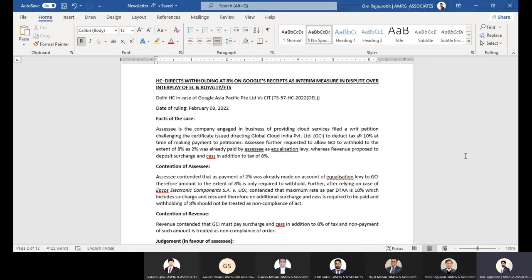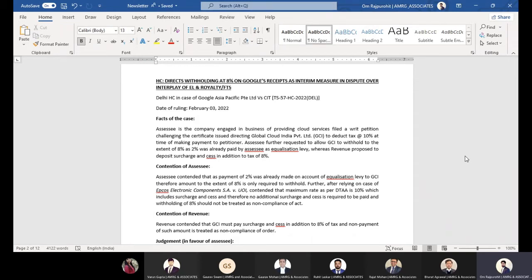The contention of the SSC was that since 2% has already been deducted in the form of equalization levy, the differential amount of 8% should be deducted in the form of TDS. The contention of SSC was that as the payment of 2% was already made on account of equalization levy to CGI, the remaining amount, to the extent of only 8%, is to be withheld.